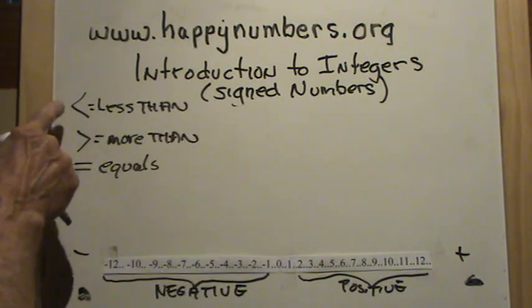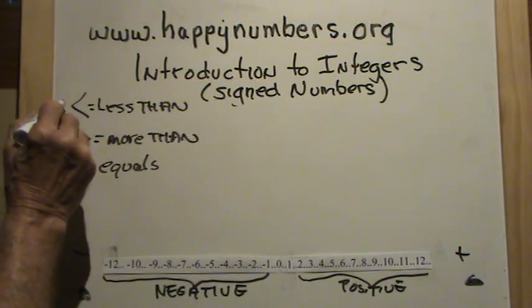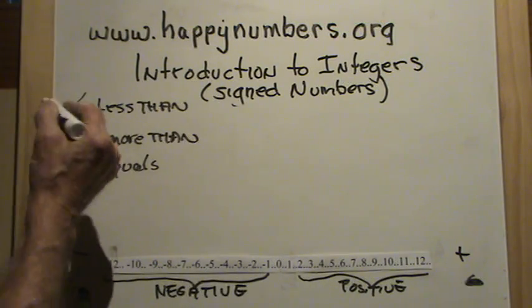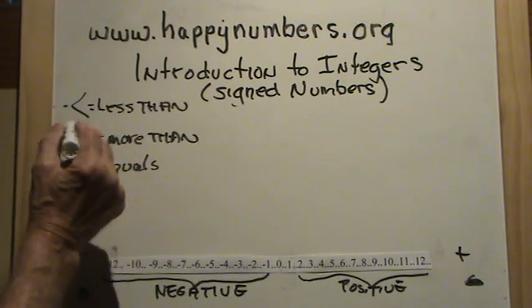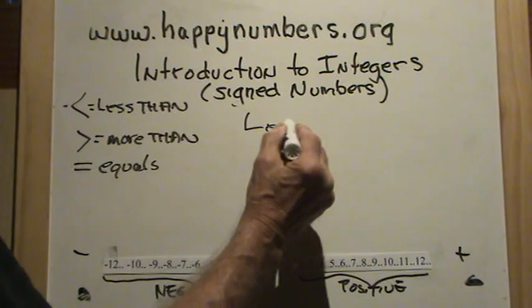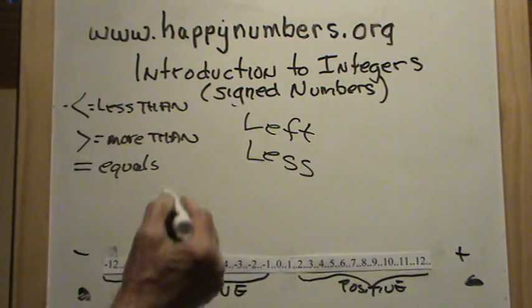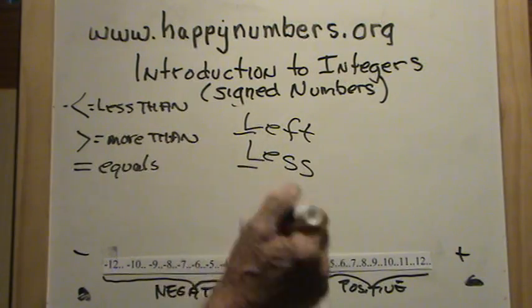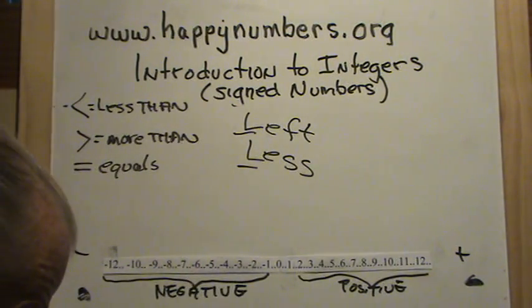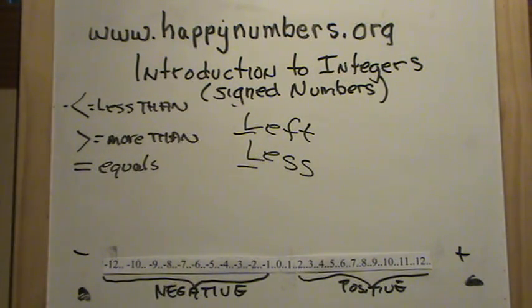The way I remember less than is that the point of the arrow is pointing to the left, and the word left and the word less both begin with L. So that's how I remember that.